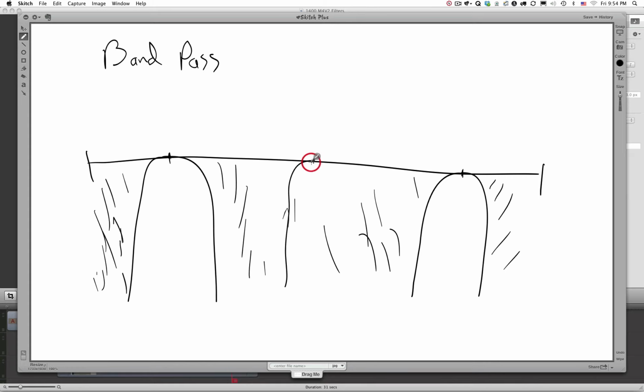Okay, so we could have a bandpass filter that essentially sounds like a low-pass filter or a high-pass filter or something in between, because it's just allowing a band of frequencies to pass through the filter. So that is the bandpass filter.